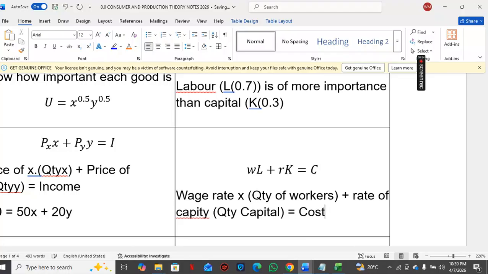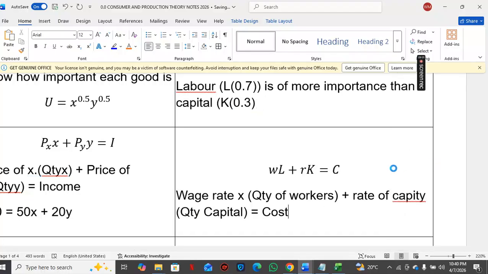So with production theory, this will be the equation you need to make.